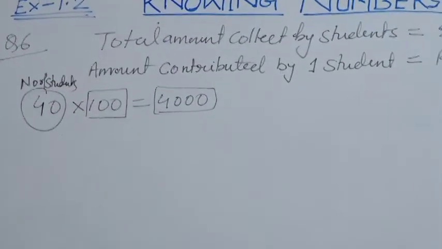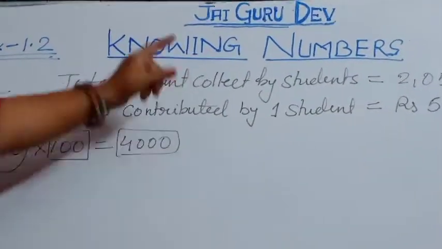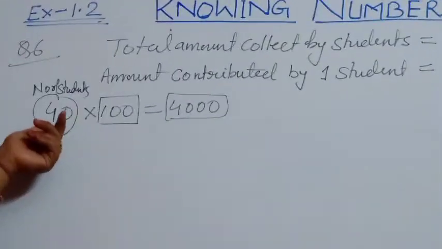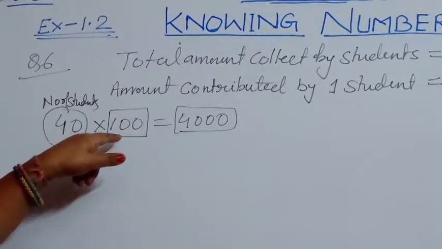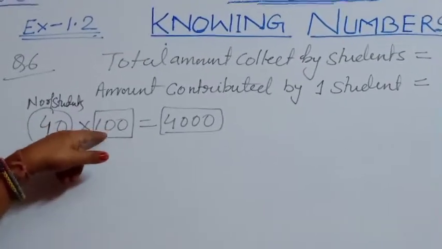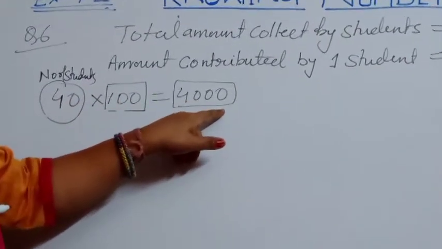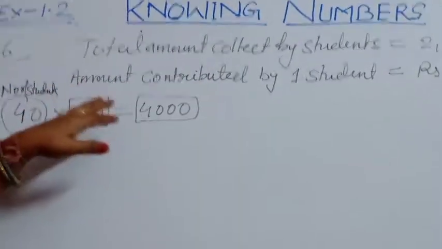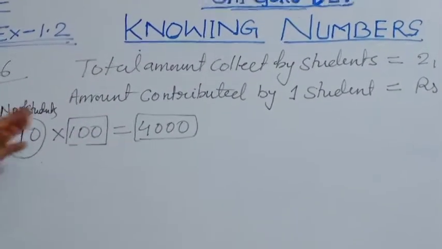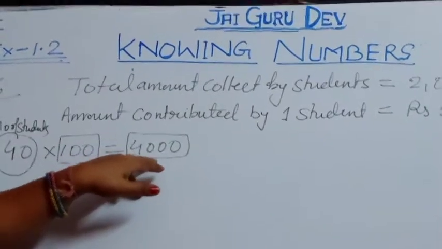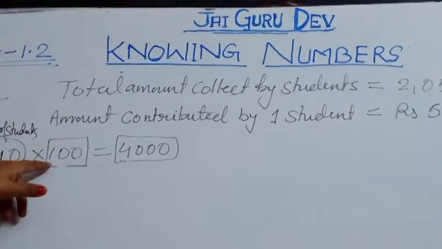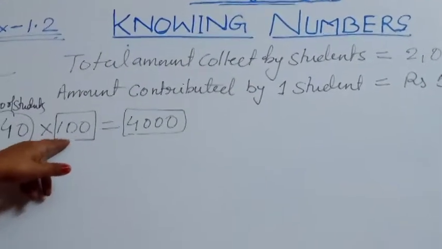See what I told you. To understand this example, suppose in your class 40 students are there. Each student is contributing 100 rupees. Then how much amount will be collected from your class? 4,000. Okay, now try to understand this question. Now suppose I will change the topic. You have been given suppose this 4,000 amount, and each student is contributing 100 rupees.